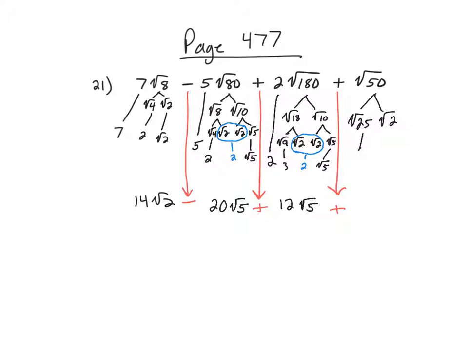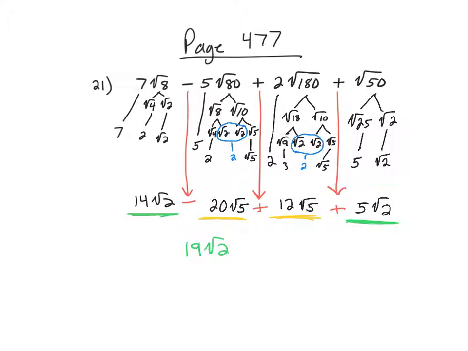I know the square root of 25 is 5. I don't know the square root of 2, so I just bring it down, so that turns into 5 radical 2. Now you have to be careful because you need to add like radicals. So those two are like radicals and these two are like radicals. So when I add the radical 2 terms together, I got 14 radical 2 plus 5 radical 2, that gives me 19 radical 2.